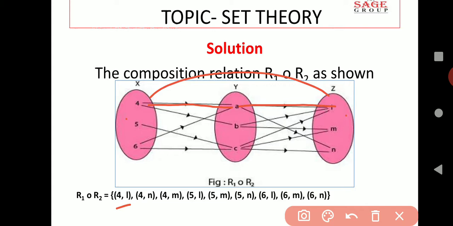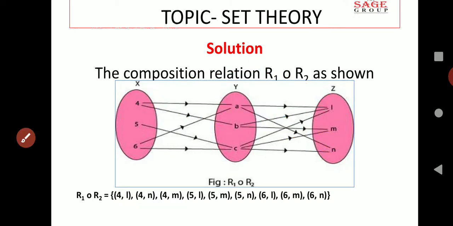Now 4b and b to m, so we get 4m. Next with 4 we have 4a and a to l, so again 4l, which is a repeated value. Now see what relation is formed with n: 4 to a and a to n, so we have 4n.